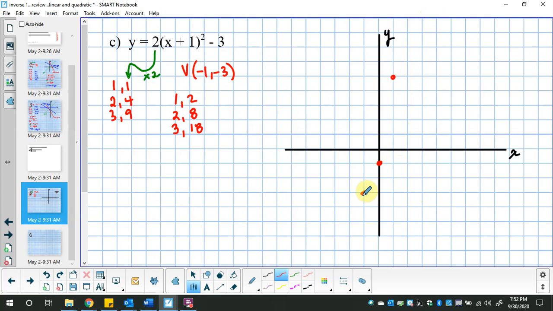Starting from the vertex again on the other side, it should end up across from this one, which is why I counted, just to double check, and then 3, 18. So if we connect these dots, we'll have the original f of x parabola.